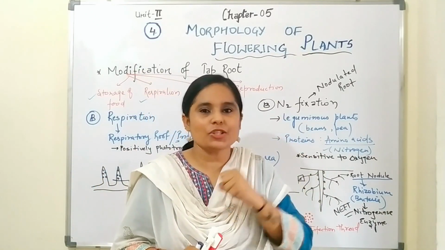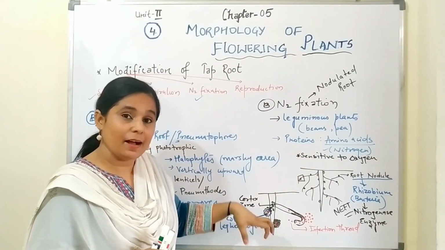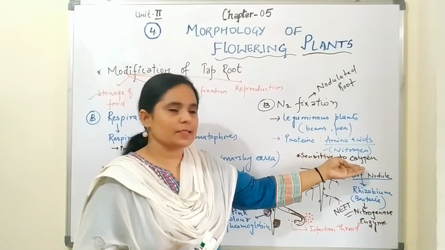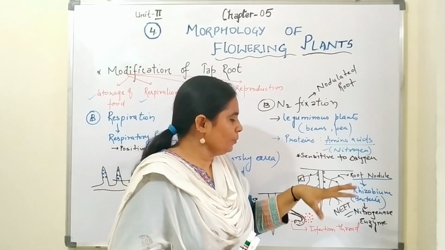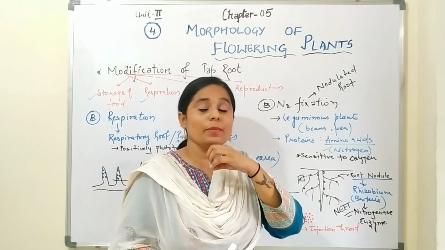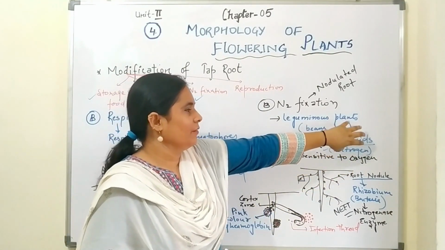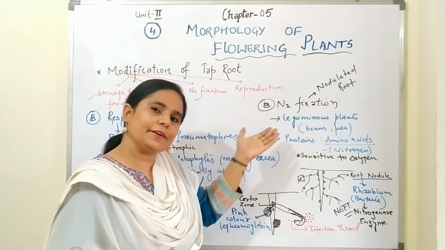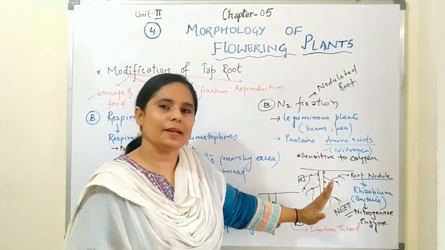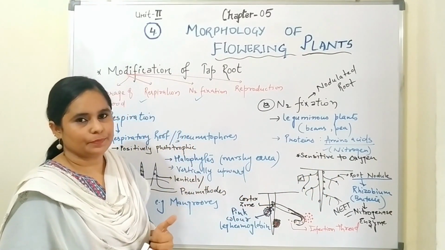They take up the oxygen and they never allow oxygen to reach up to the bacteria, and you know bacteria is having so important enzyme which is sensitive to oxygen. So it is free of oxygen. It is able to form some nitrogen fixation, and then nitrogen fixation will help in formation of amino acid and later on protein. So this is how these roots helps in nitrogen fixation, and it is a modification of taproot.